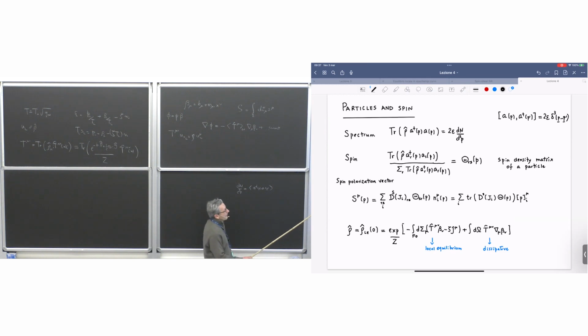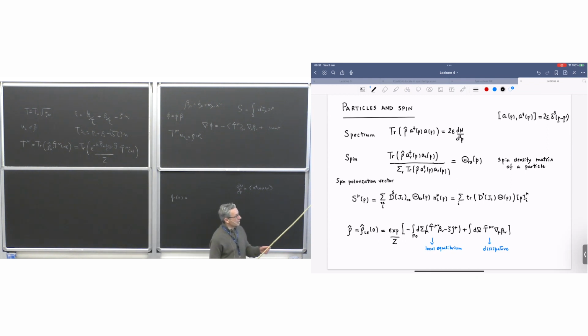There is only one way you can define the spin density matrix of a particle in a quantum field theory. This is the expectation value of a combination A dagger R, A S, where R and S are the spin polarization states associated to the particle. Let me write down something.